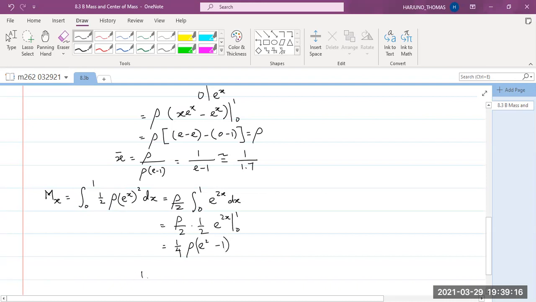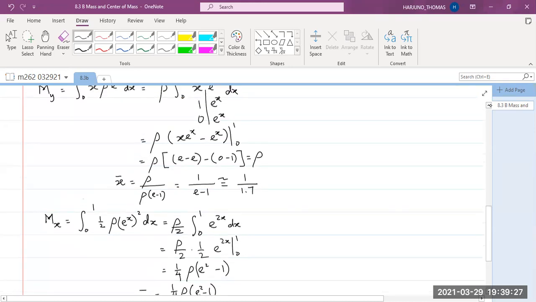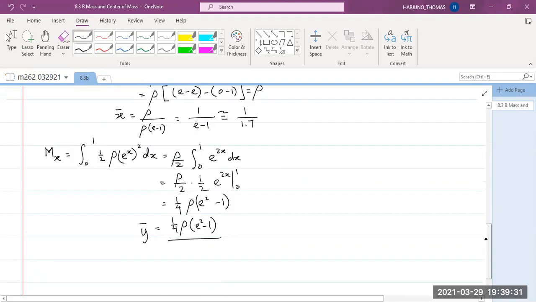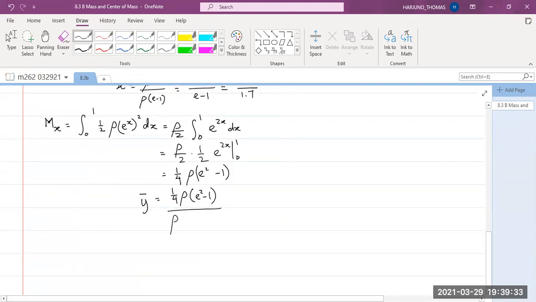So my y bar will be 1/4 rho (e squared minus 1) over, what is my mass again? Rho times (e minus 1). Oh, we can do factoring.